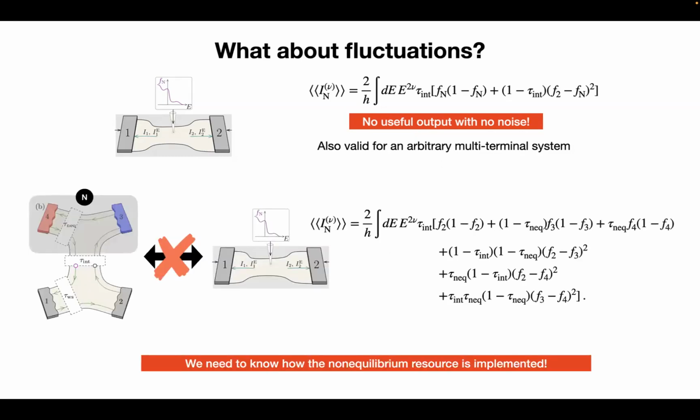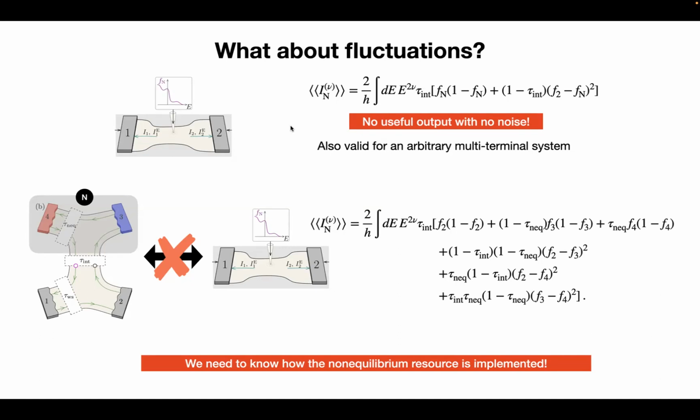The second important thing is that, unlike what happens for the average currents, you cannot map the two systems onto each other when you start calculating fluctuations. That's just because the noise doesn't behave like the current, and it will mix the different terminals in a different way. So only in very specific conditions this is possible.